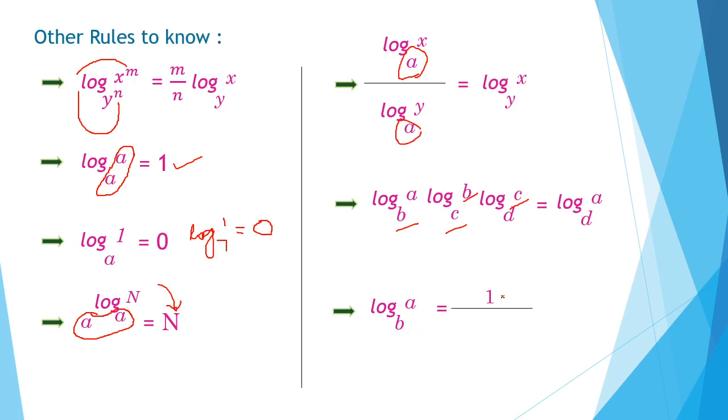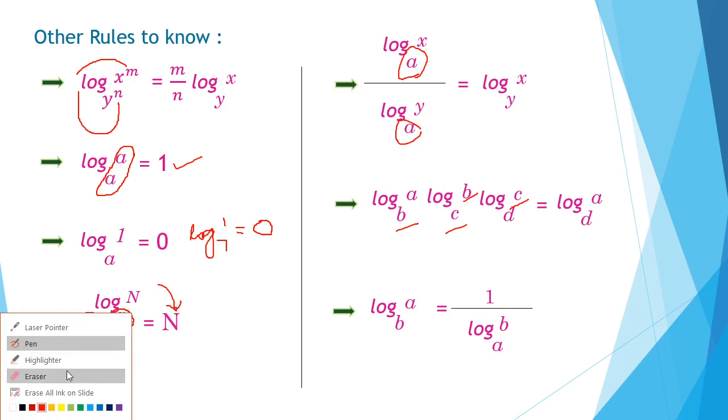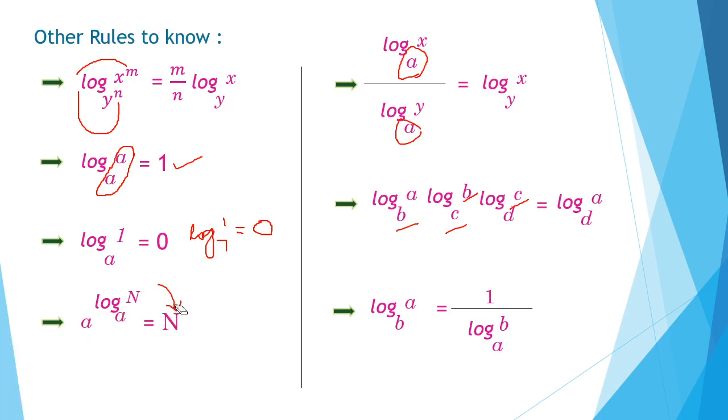See here, log a to the base b becomes 1 by log b to the base a. b comes to the top and a comes to the bottom, vice versa. Okay, right. These are the properties.